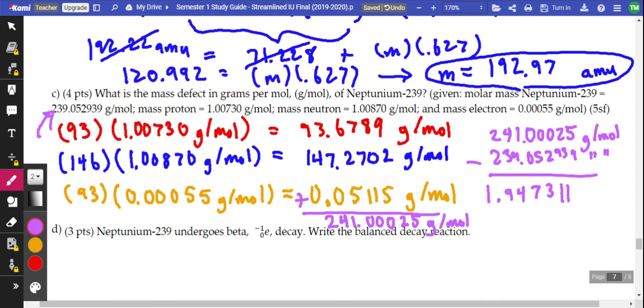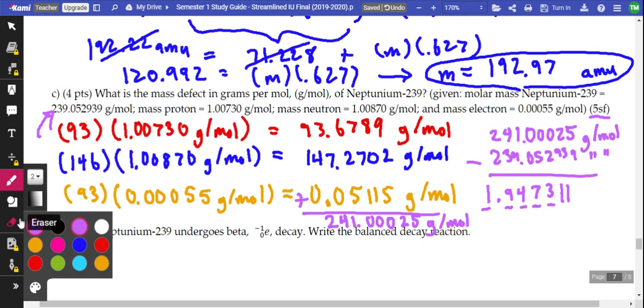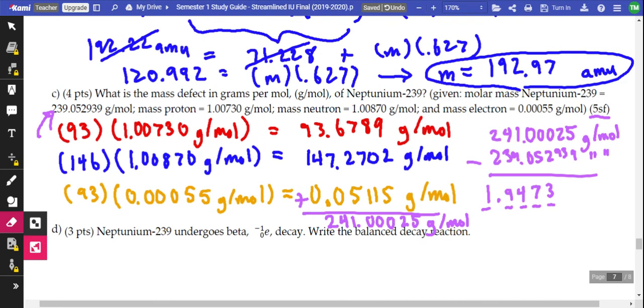Okay, now, if we're doing this to 5 sig figs, this isn't asked very well because when you add and subtract, usually your sig figs are all about what comes after the decimal place, but I don't know if that's what they want or if they want total sig figs. If we did total sig figs, it would be 1.9473, and we chop the rest of this off. Keep this as grams per mole.